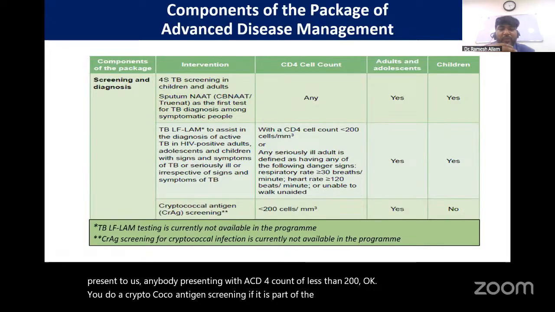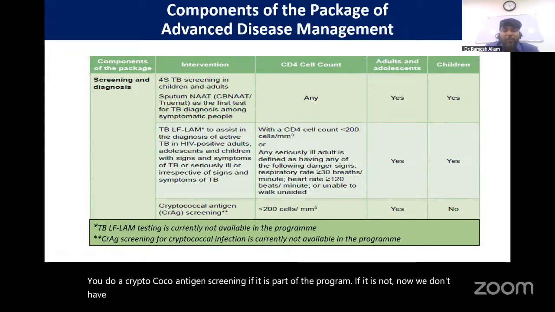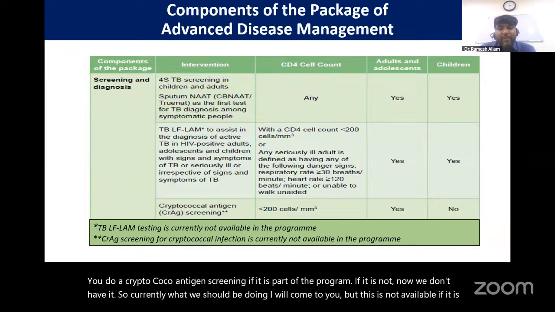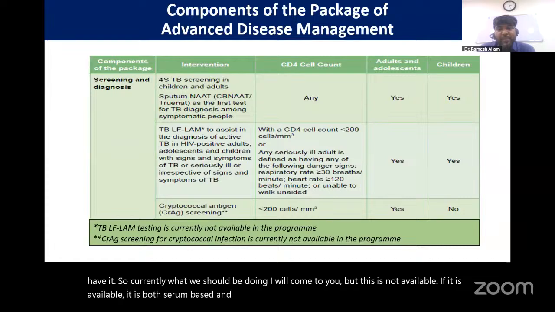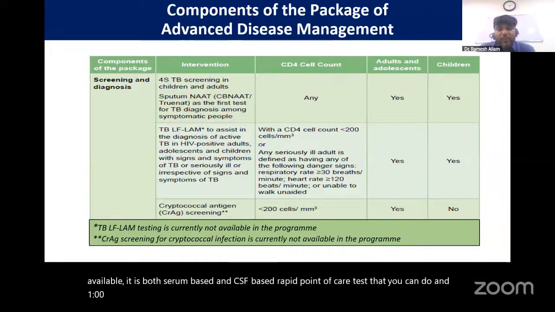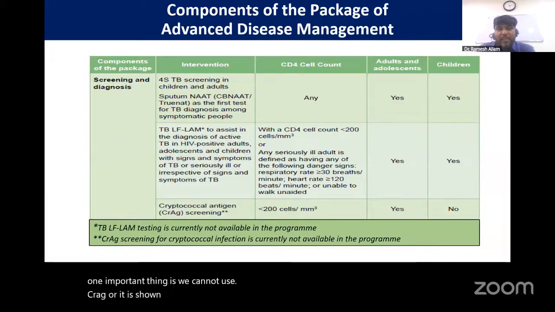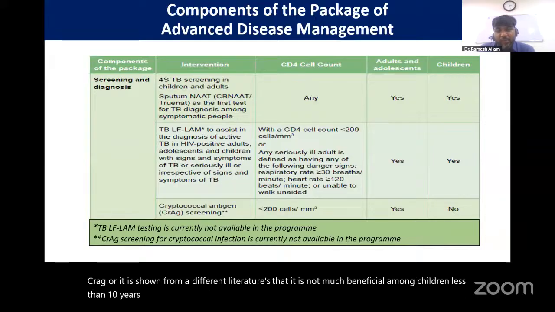Currently we don't have it, so I will come to what we should be doing. If it is available, it is both a serum based and CSF based rapid point of care test that you can do. And one important thing is that CRAG, as shown from different literature, is not very beneficial among children less than 10 years of age. Usually we do not do a CRAG.